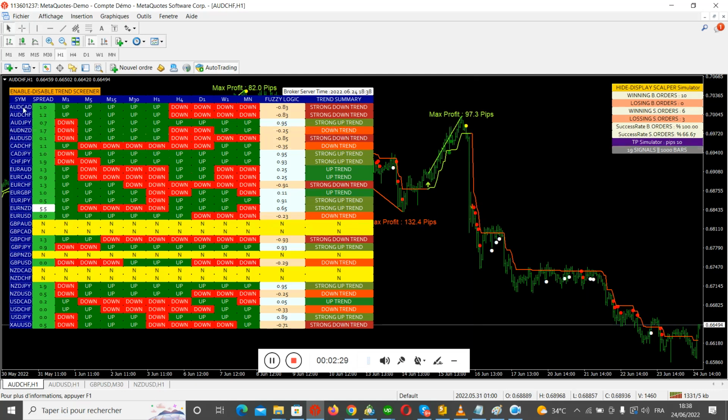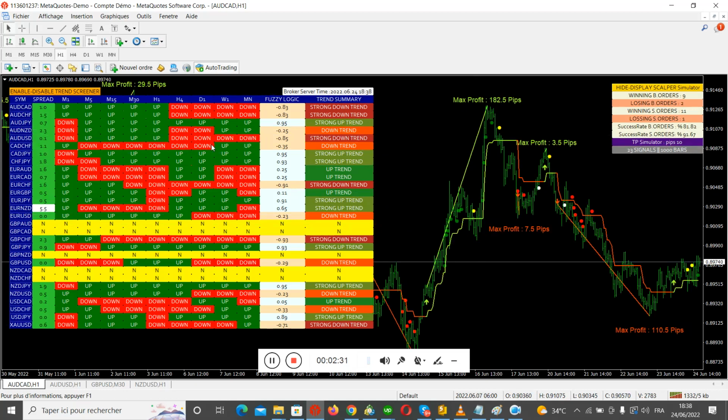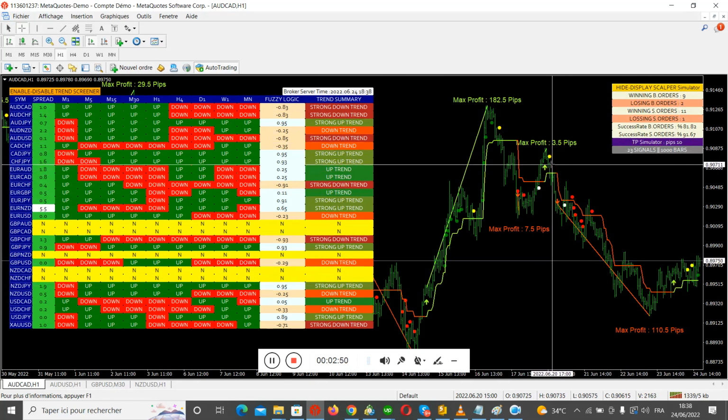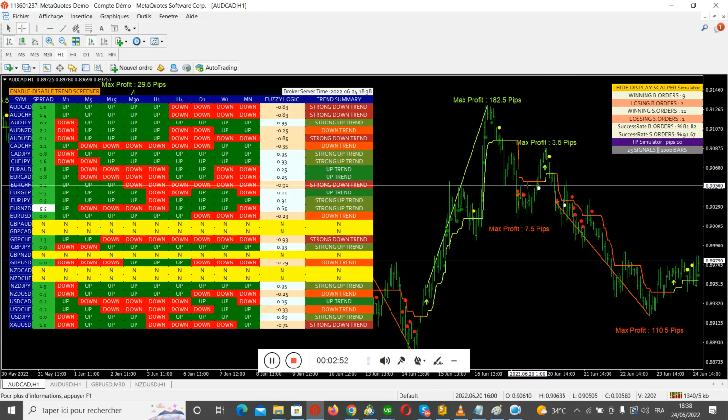Let's check together OTCAT. As an example, it's classified as still a strong uptrend, and you can see there is the beginning of an uptrend, but the uptrend is very weak because it's coming after a strong downtrend movement. This trend is a correction from the downtrend.